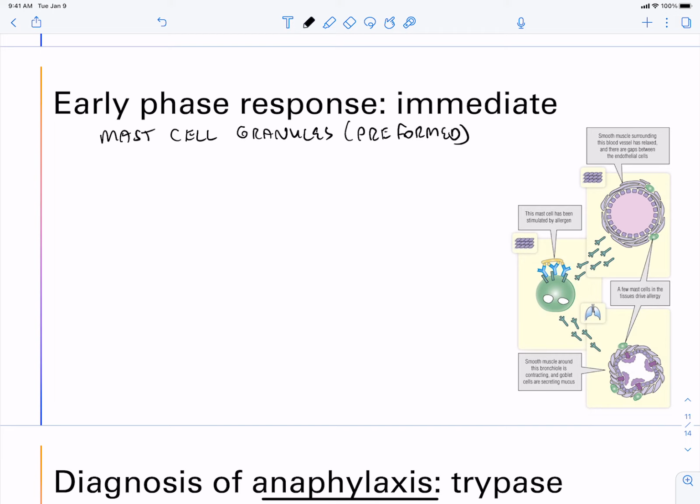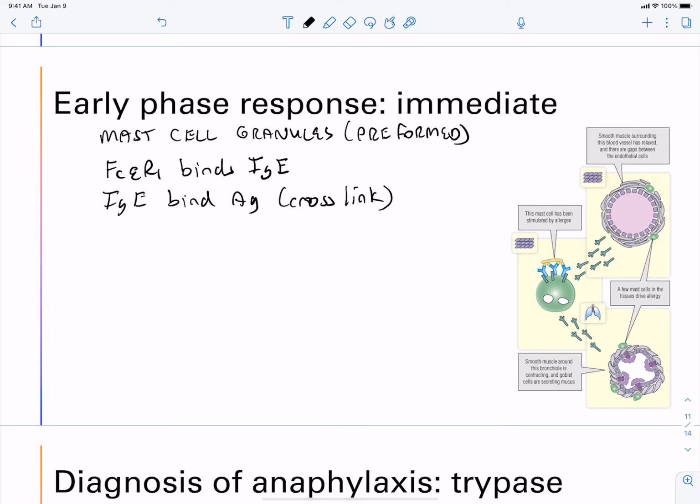You're going to have, of course, the Fc epsilon R1, which binds to the IgE. And then the IgE, of course, will bind to the antigen and crosslink. The mast cell will also be able to produce prostaglandins and leukotrienes.